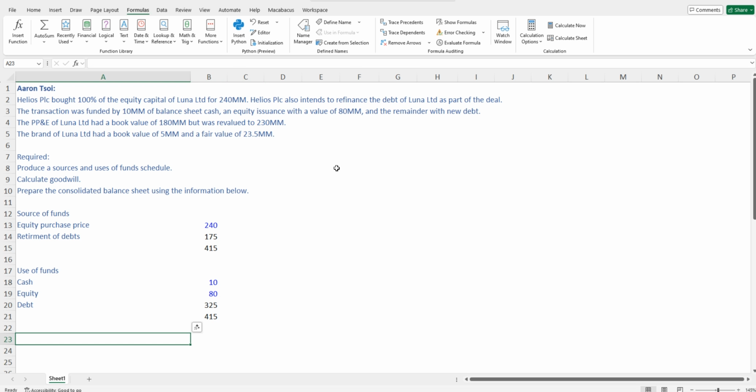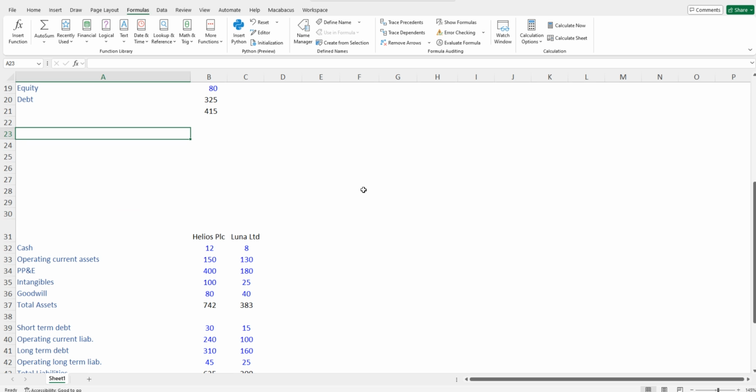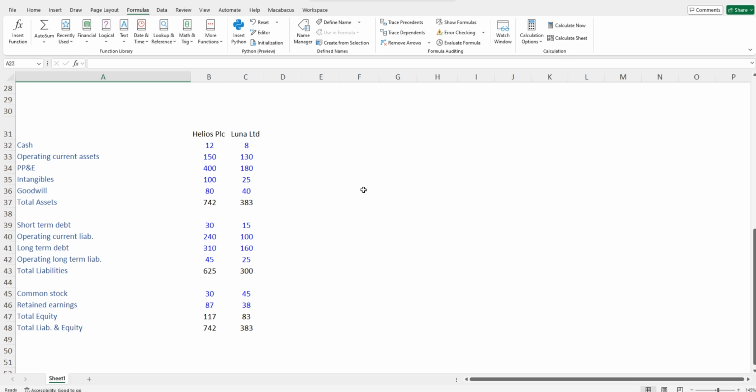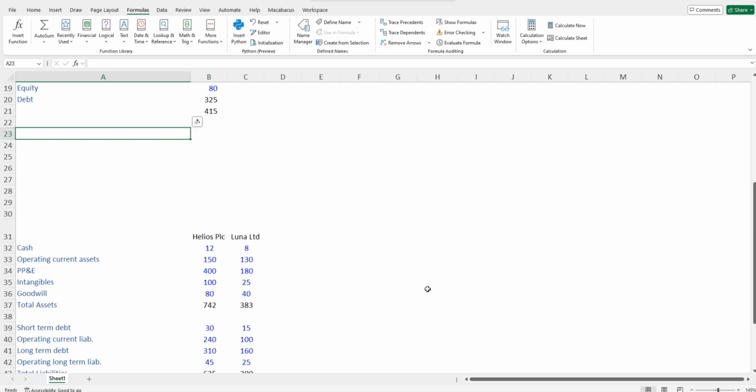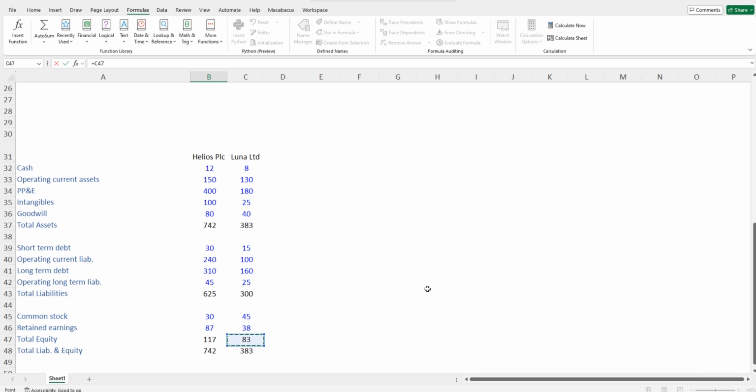The next step is to calculate the deal goodwill. But first we need to locate the target company's shareholders' equity at book value at the deal date, which is 83.